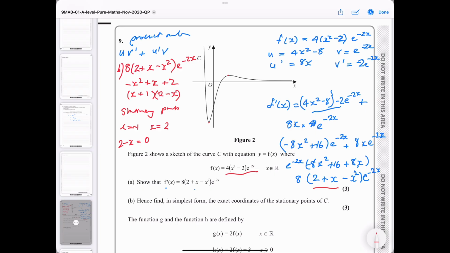That's there, isn't it? e to the power minus 2 times minus 1, which is 2. And that equals, gosh, that's enormous. Oh, so minus 88.66.